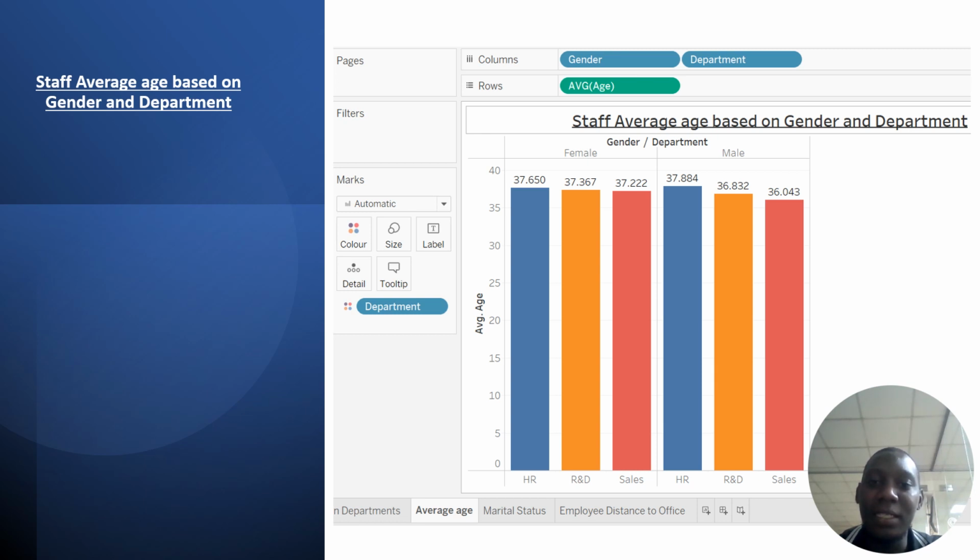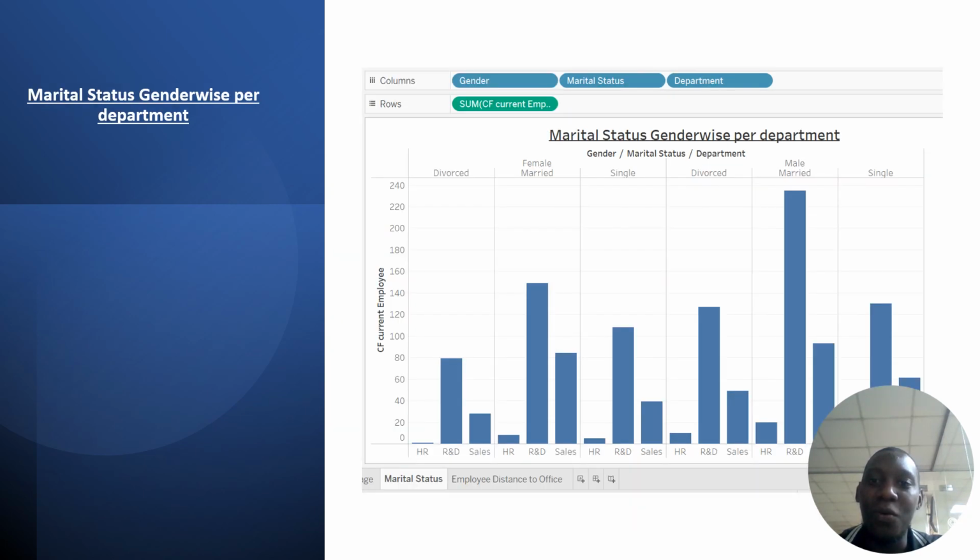Next, the other visualization in the next worksheet was about marital status for all departments and gender.